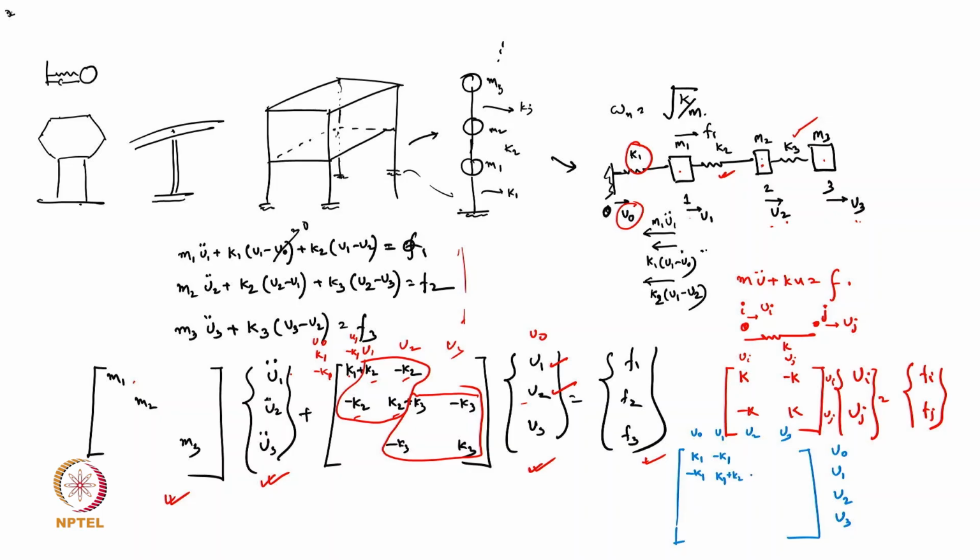Then K2, minus K2, minus K2, K2. K3, minus K3, minus K3, K3. Done? Simple. Now what happened? Your U0 is 0. Forget that, U0 is 0. So you are left with this part only, and that part is this. You see?